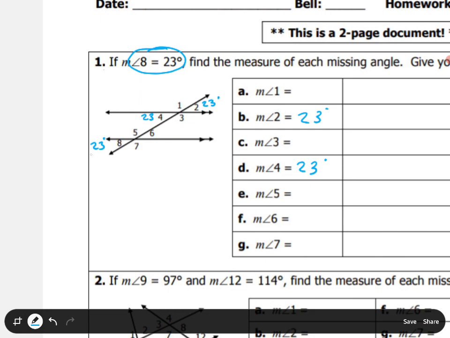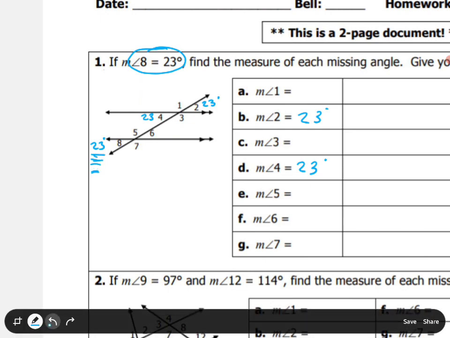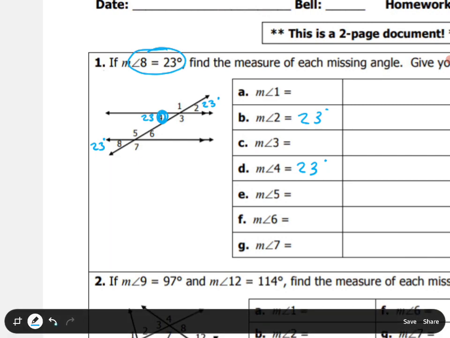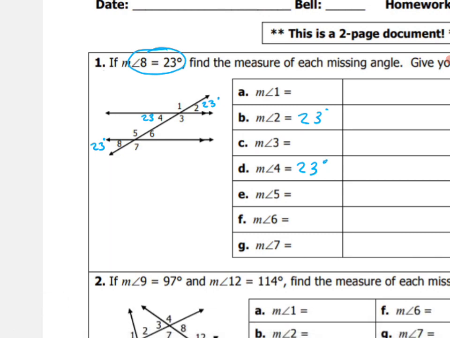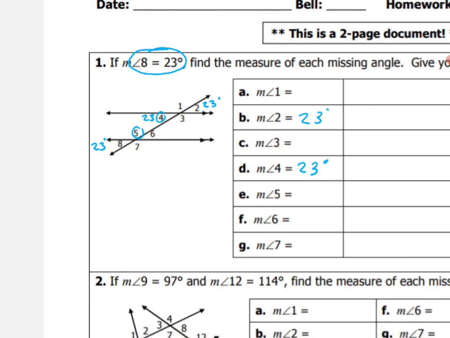At this point, I've exhausted everything I could do with this angle. So what I'm going to do is change my starting angle to find the other angle. So I'm going to look at angle 4 now. If I'm looking at angle 4, that's on the interior. So I could do same side interior. Same side interior is going to be on the same side of the transversal. So that's going to be 4 and 5.